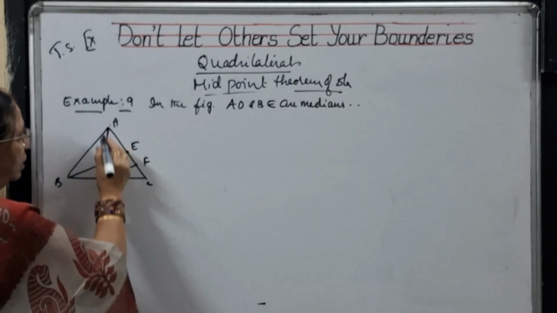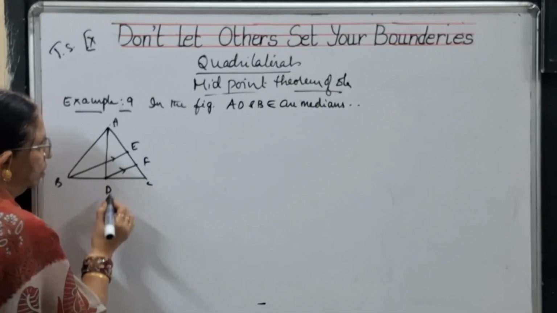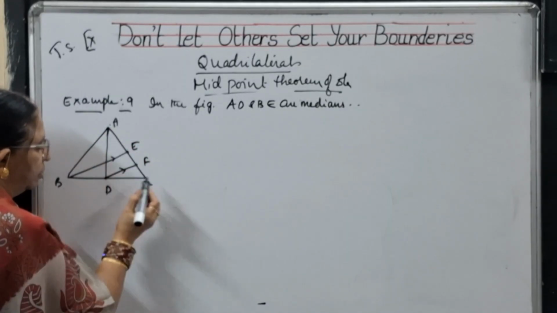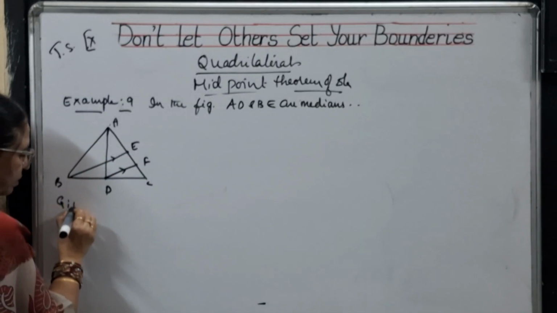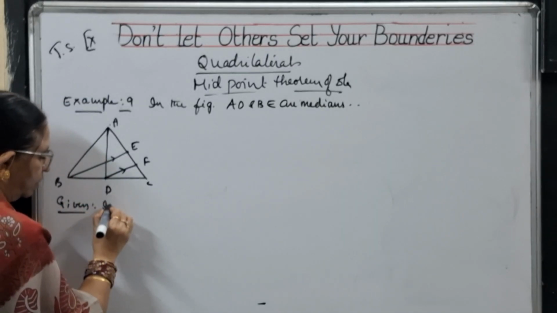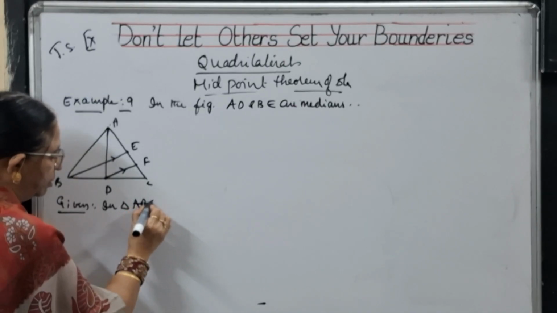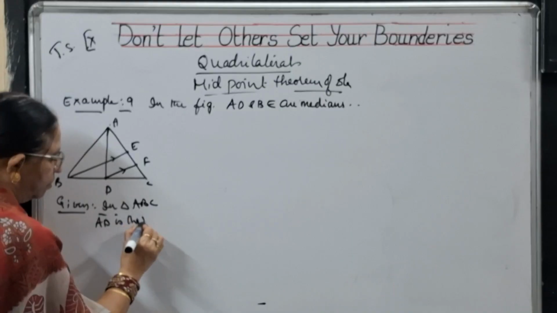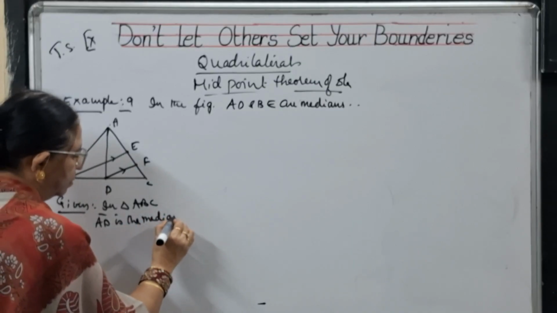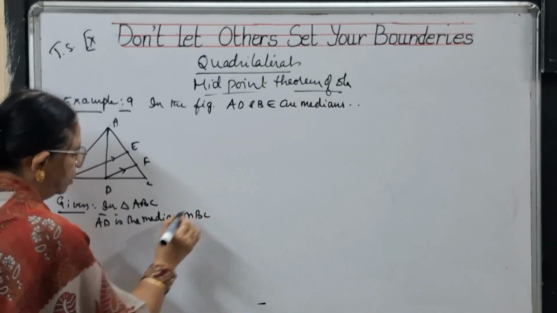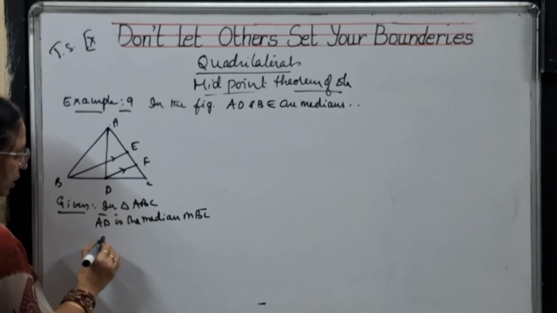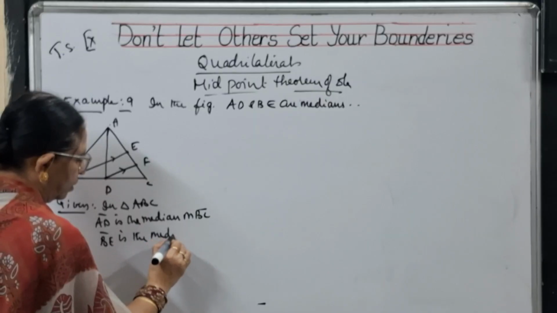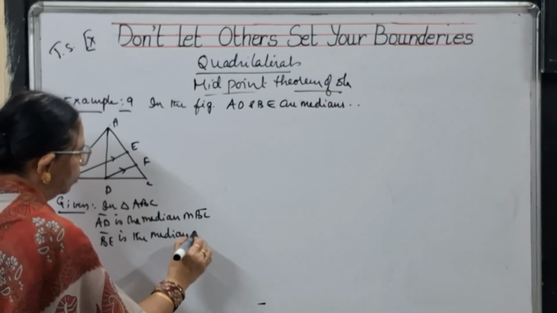See children, AD is a median means AD is drawn through the midpoint of BC. And E is the midpoint of AC. So what is given to us? In triangle ABC, AD is the median on BC and BE is the median on AC.